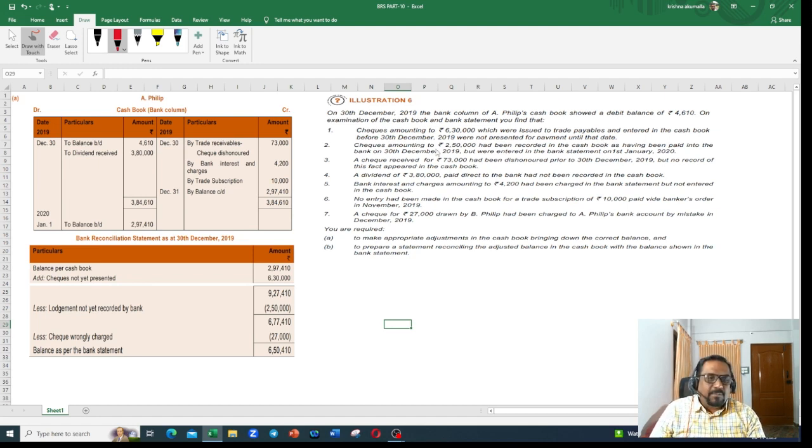Next, checks amounting to 2,50,000 had been recorded in the cash book as having been paid into the bank on 30th December 2019. Paid into the bank doesn't mean that we paid. We deposited into the bank, but they were entered in the bank statement on 1st January. 30th December is the reconciliation date, but that was not collected by the bank till 1st January. So this is an important point to be recorded.